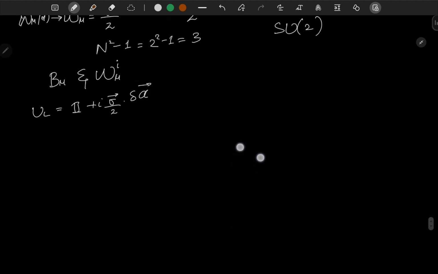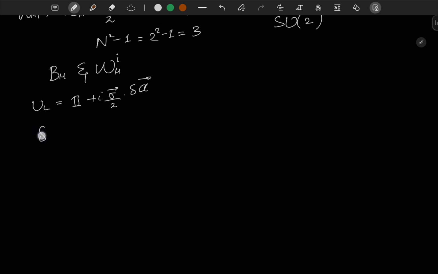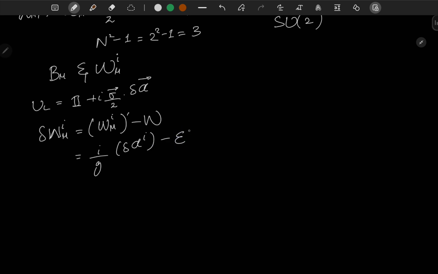We'll have something like that, and if we see the infinitesimal variation in W mu i, we will get W mu i, so this is for the infinitesimal change, and we get the Levi-Civita tensor.